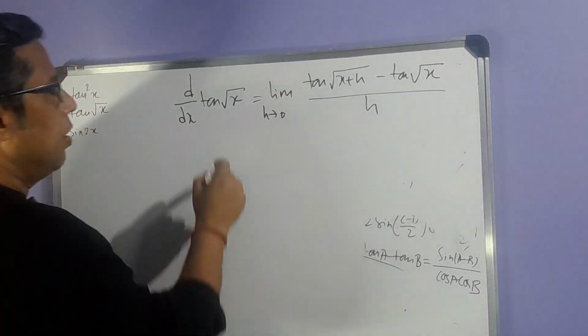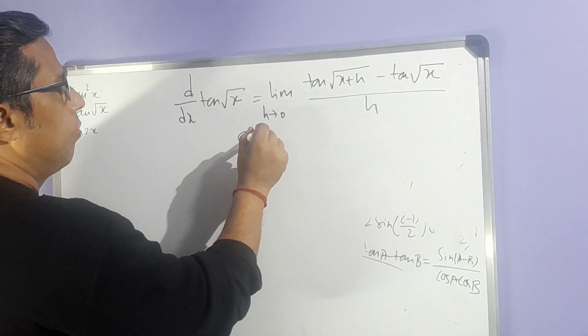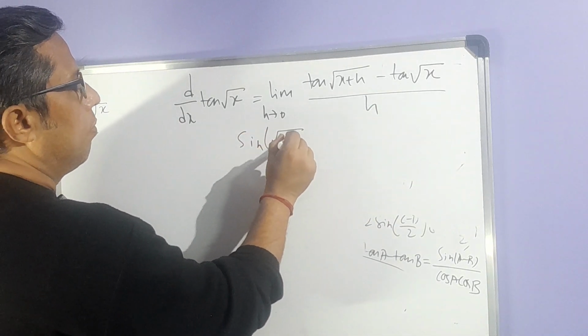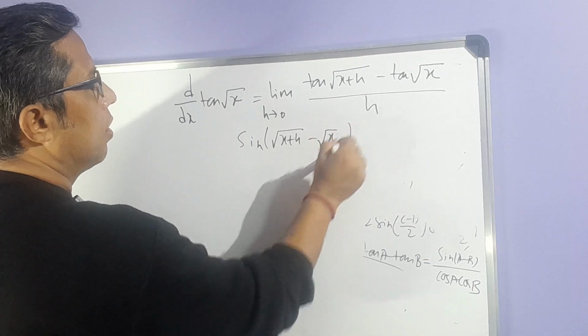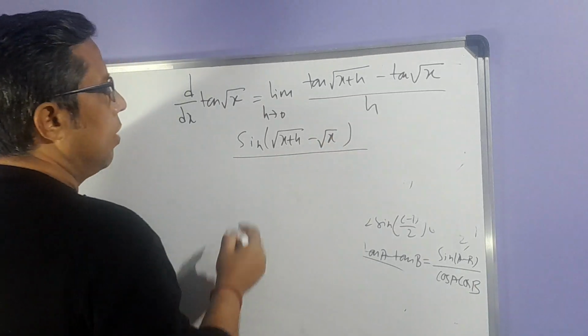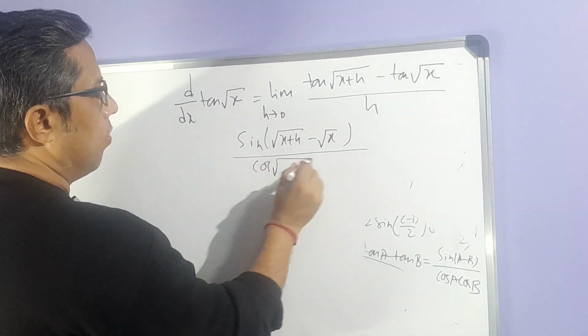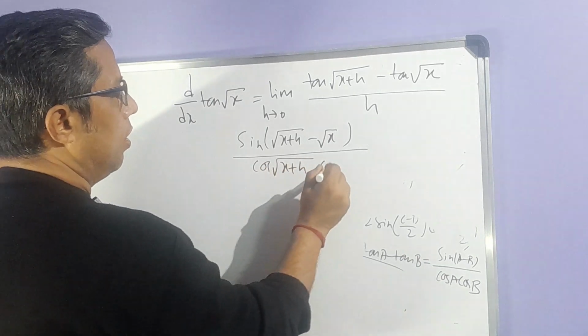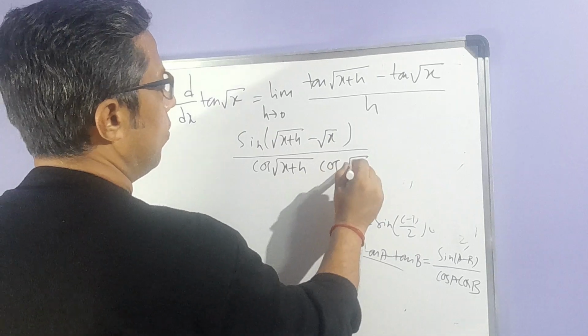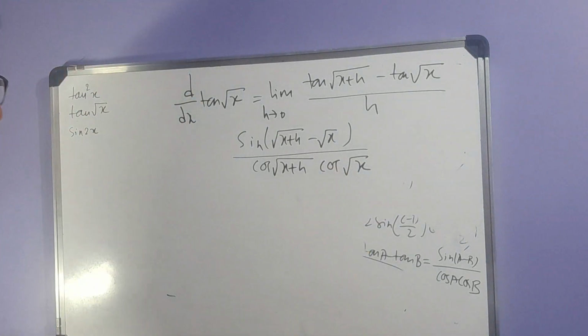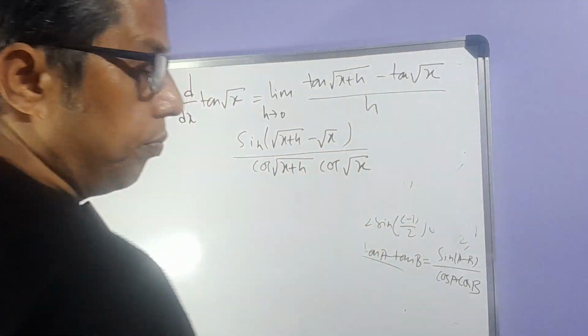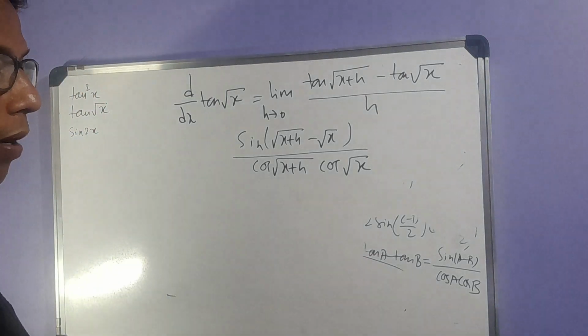So this one will be sine of root over of x plus h minus root x, divided by cos of root of x plus h and cos of root x. So from here you can go using this part.